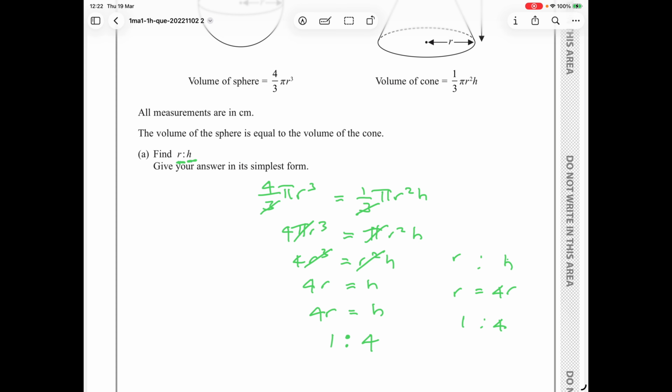Do you see what I mean? So h equals 4r, r equals r. And if we were to divide through by r, we'd get 1 to 4, and that's our ratio.